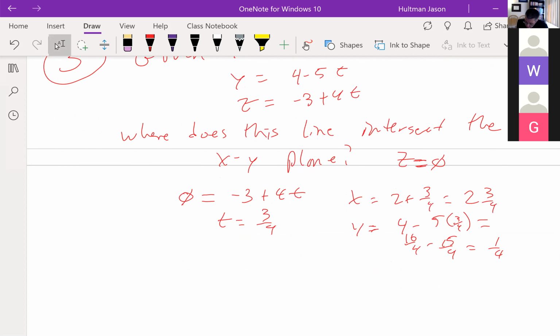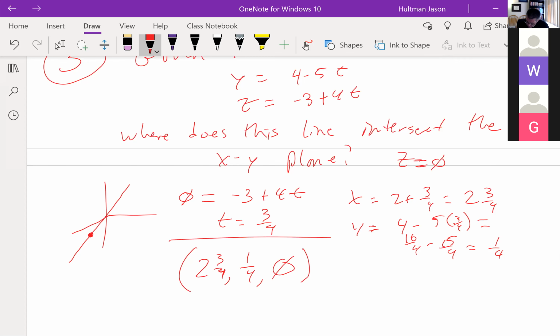So where does the line intersect the xy plane? It's going to intersect at an x value of 2 3/4, a y value of 1/4, and what's the z value? 0, exactly.